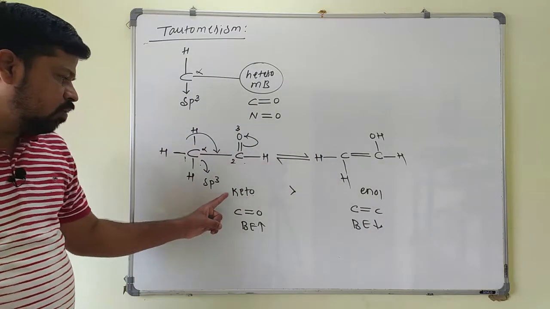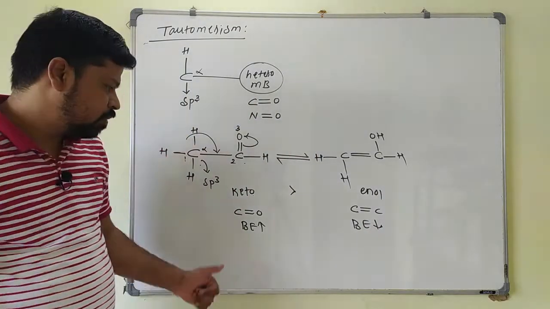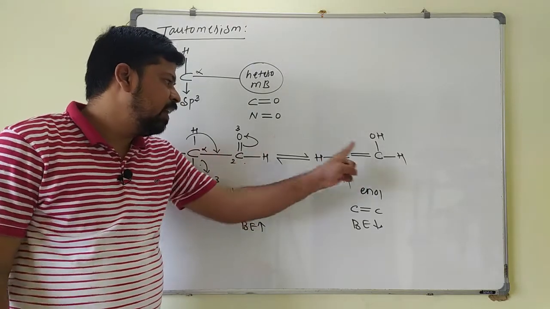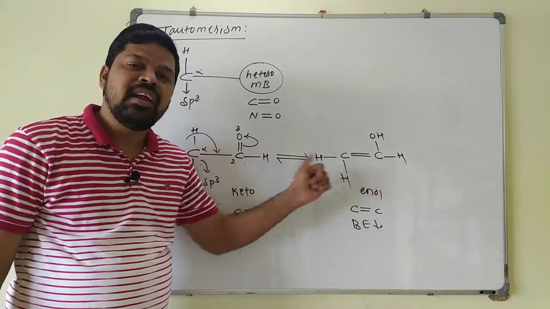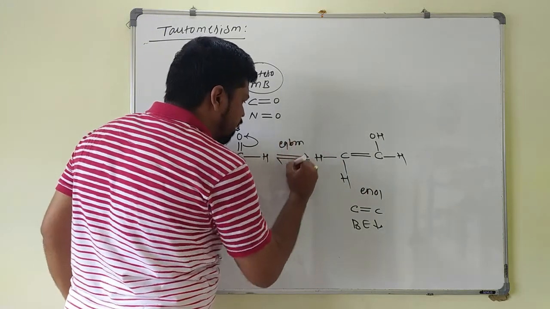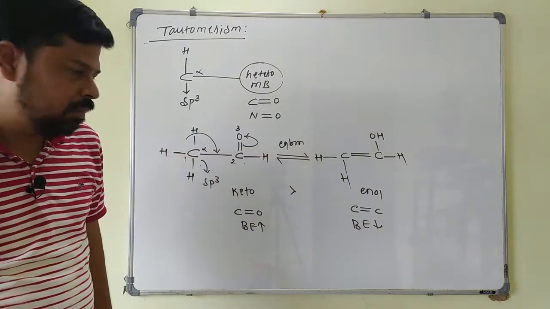As a result, more energy is required to break this bond, hence its stability is more. So two readily interconvertible structures that are in dynamic equilibrium. Compulsorily you have to write the equilibrium sign here, not the equivalent sign.